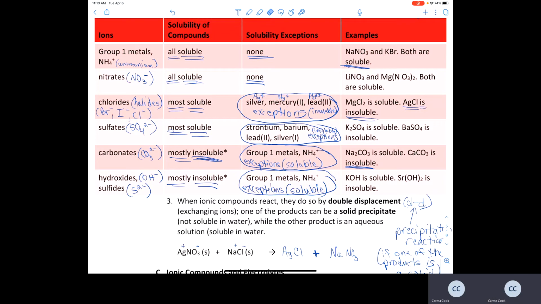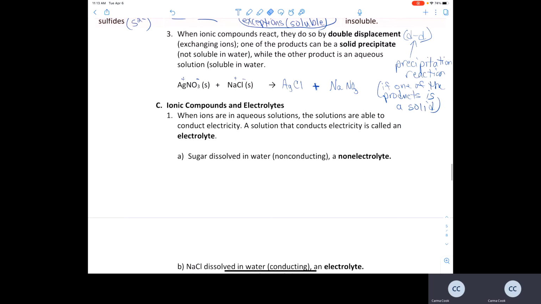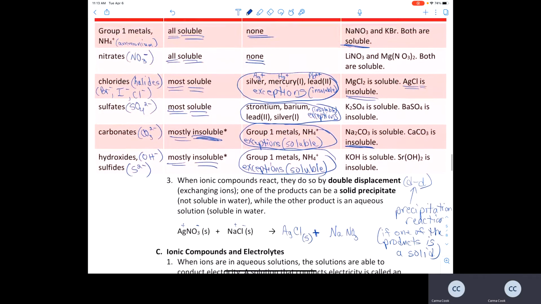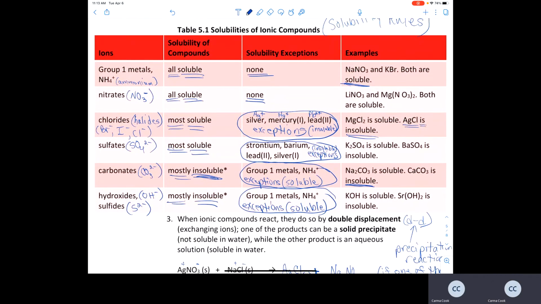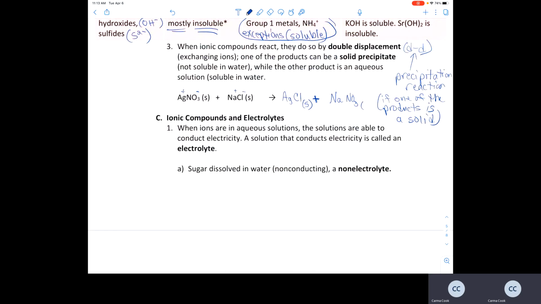So that means silver chloride is insoluble. So this is a solid. If it's insoluble, that means it's not an aqueous solution. It forms a solid. My NaNO3, NO3 is the nitrate polyatomic ion, so I follow my nitrate rule. All nitrates are soluble, no exceptions. So if it's soluble, it forms an aqueous solution.